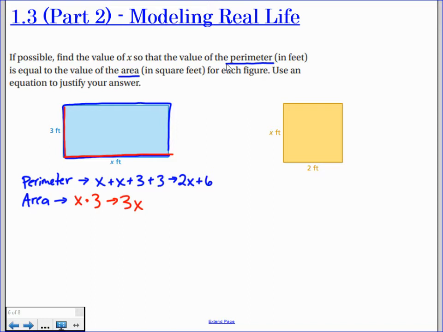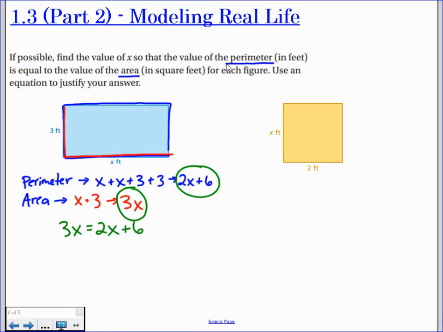Now, the goal here is to figure out, can the value of 3x ever be equal to the value of 2x plus 6? Well, let's find out. We can set up an equation that says exactly that. Let's see, what does x have to be in which 3x will equal 2x plus 6?